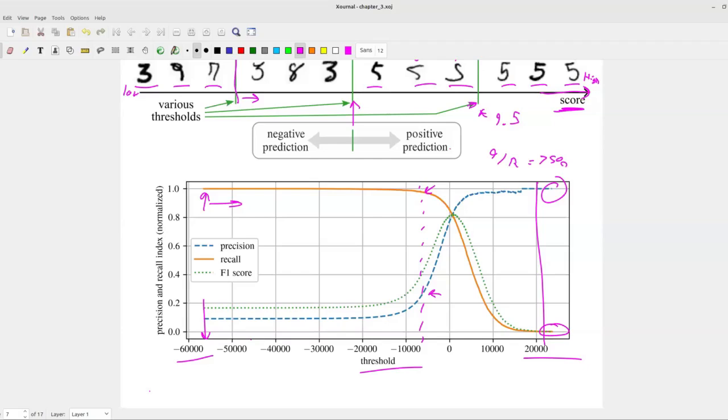Not bad, but not very useful. And then this green dotted line that cuts in between is my F1 score. And so for this particular model that I trained and ran, I could get like an 81% F1 score. Not great, right?